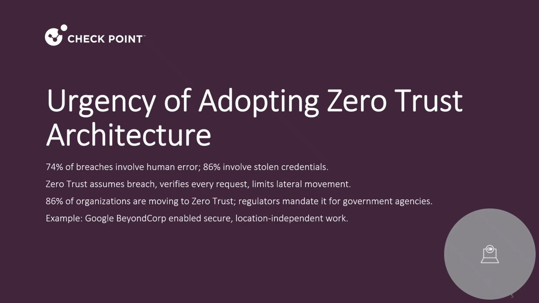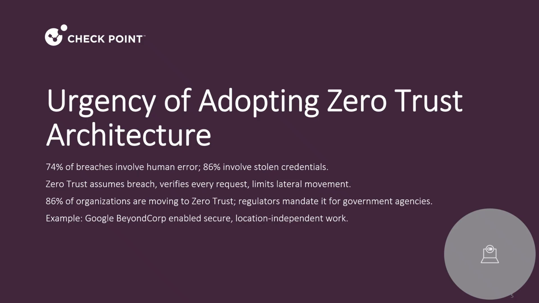Now a little bit about zero trust architecture and why it is urgent to adopt it. As you know, the level of breaches involving human error or stolen credentials is still all the way on top. And there are limits to how much security people have for lateral movement to prevent data exfiltration or to prevent malware from being transported internally.